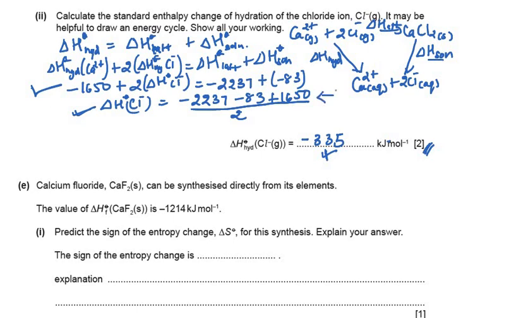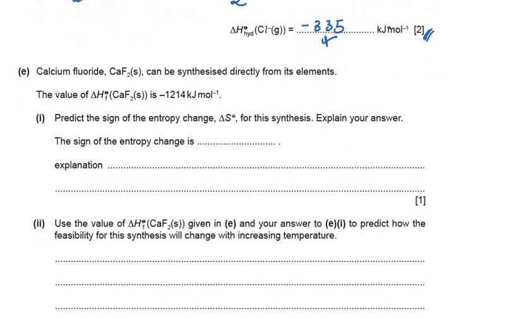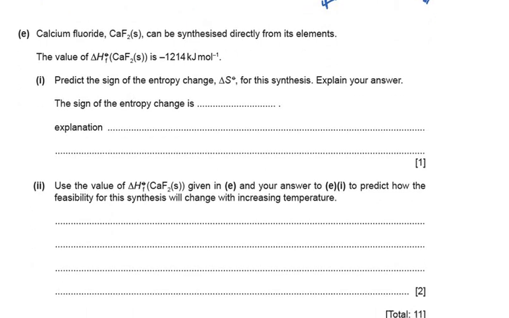the substitution written correctly. Let's go ahead with the next sub question E, where it says that calcium fluoride can be synthesized directly from its elements, and the delta H formation, that is enthalpy change of formation, is minus 1214 kilojoules per mole.